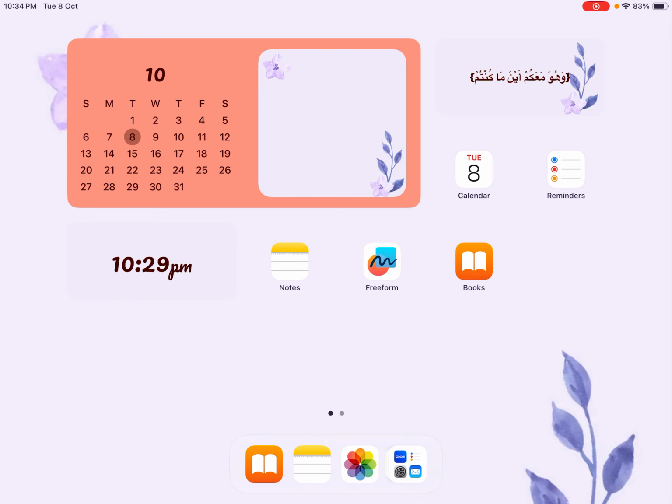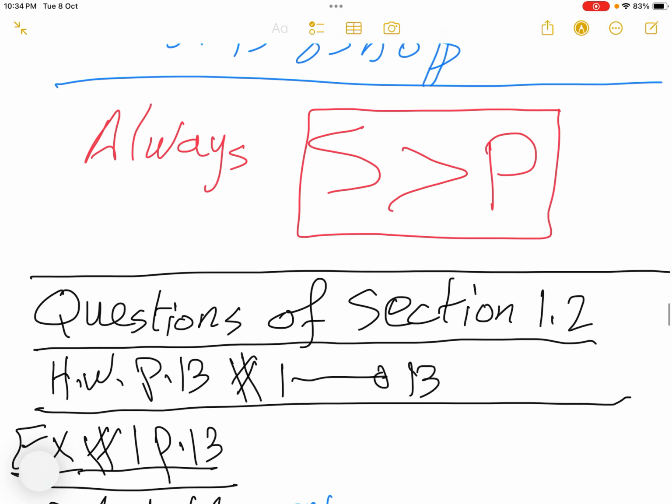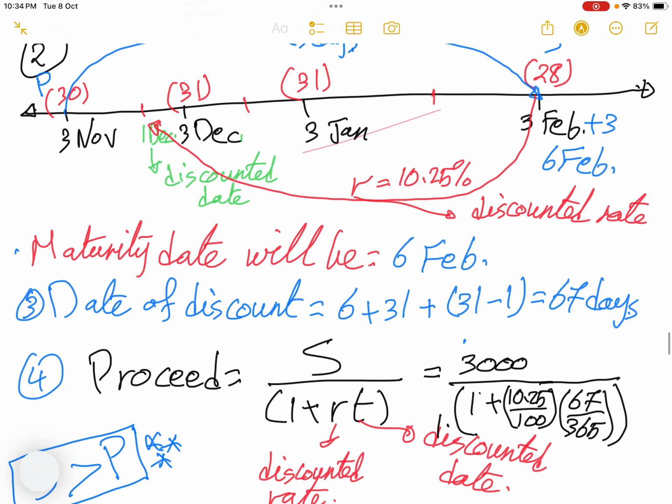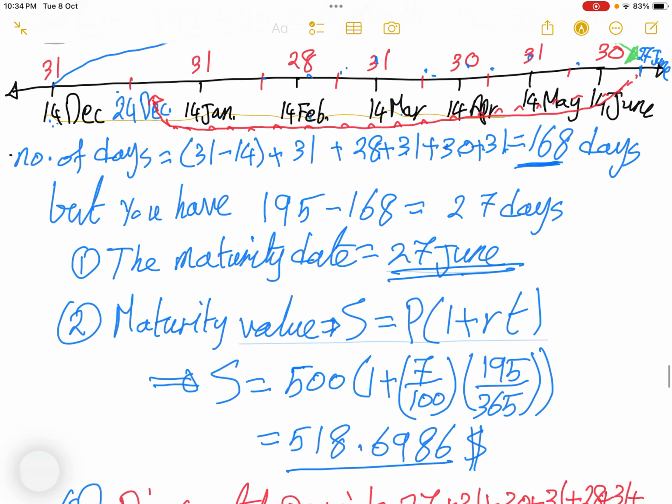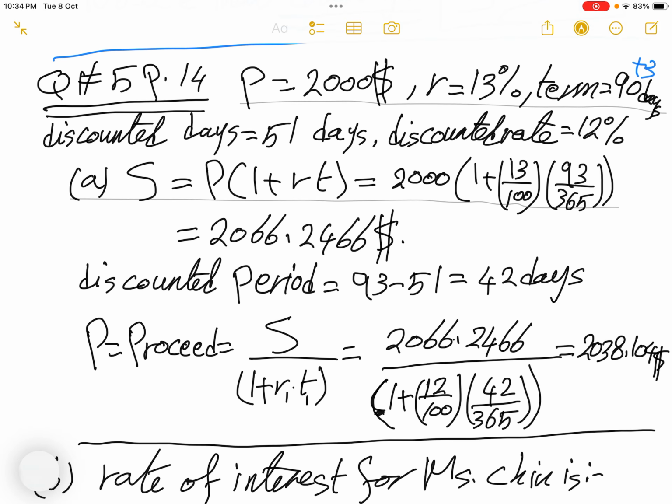Then I will move to number 5. Number 5, 2000, B is 2000, since the face value has interest rate, then it cannot be maturity. Term 90, but we add 3, then it will be 93.